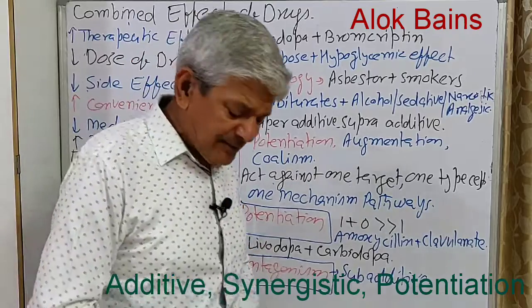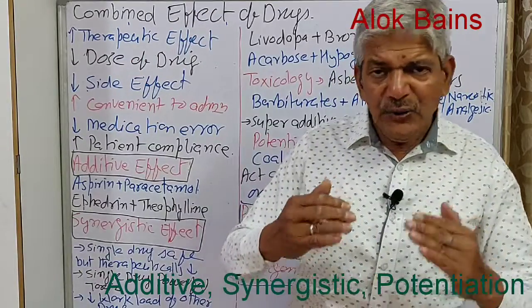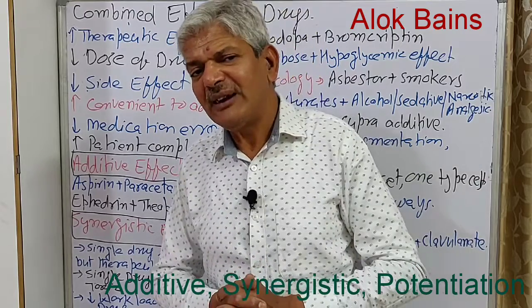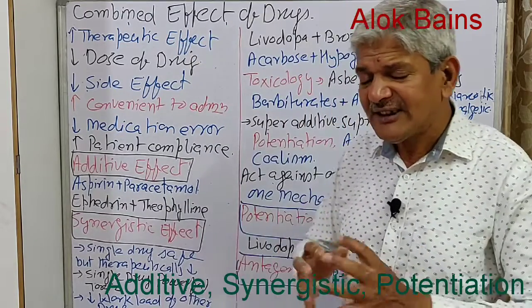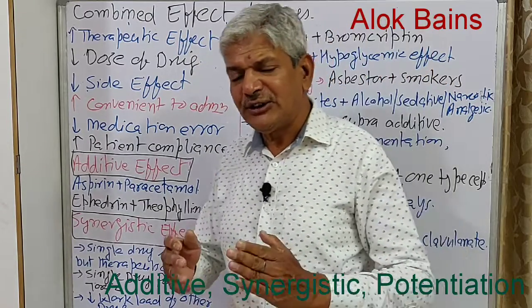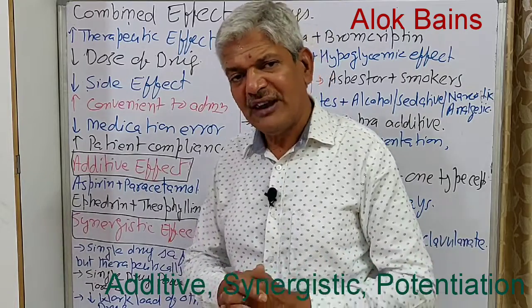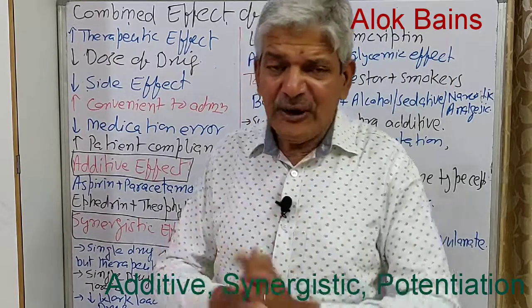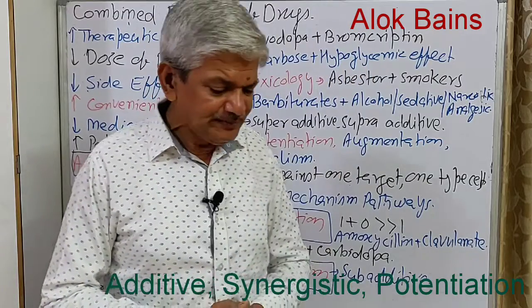We can take another example. We know hypoglycemic agents are used to reduce the blood glucose level. There are various hypoglycemic agents like insulin.